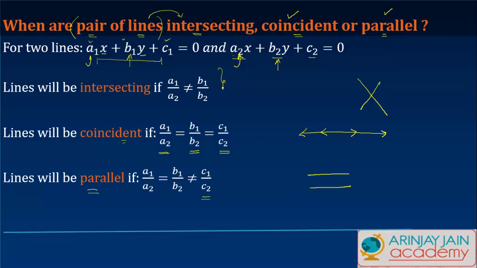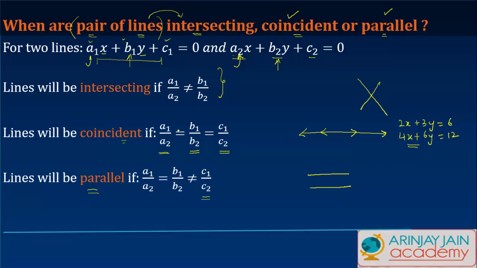Now let me give you a small example of each one of them. Let's say there are two lines: 2x plus 3y is equal to 6, and 4x plus 6y is equal to 12.